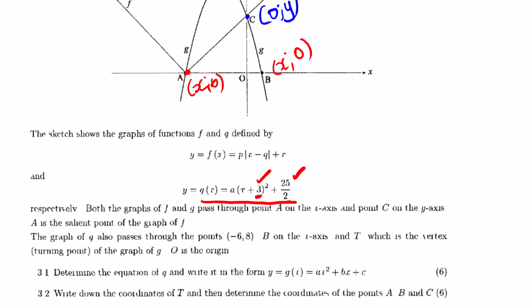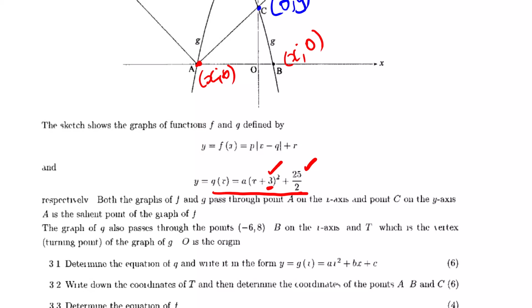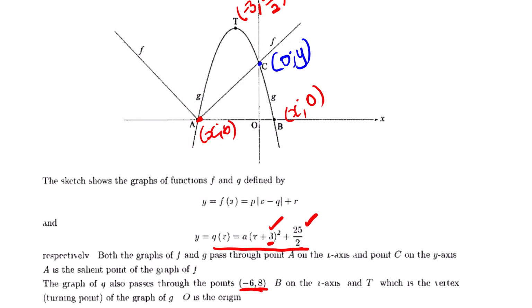Now when you continue, A is the turning point of the graph of f. The graph of g also passes through the point we are given, (-6, 8). Now this (-6, 8) is any point on g.